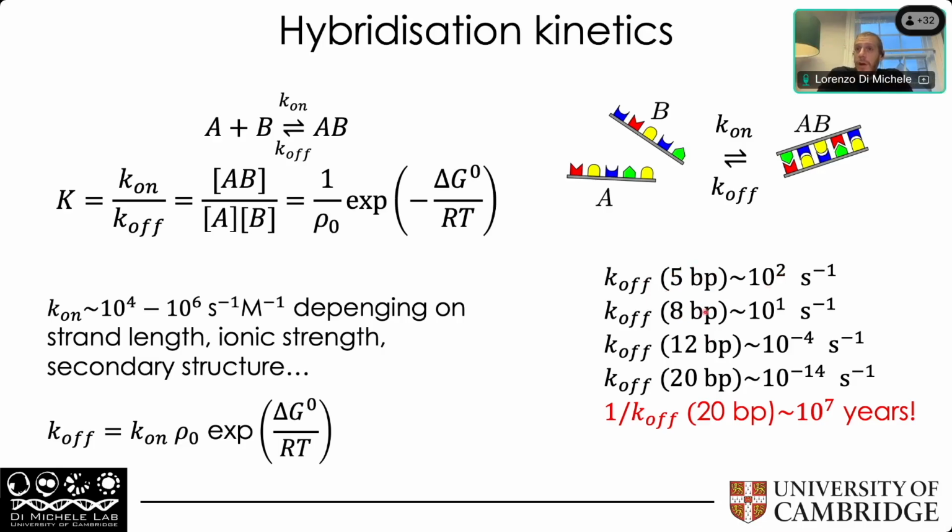If you have a slightly longer bit of DNA, so 8 nucleotides, then you get a lifetime of 0.1 seconds. If you have 12 nucleotides, then the lifetime becomes 10,000 seconds. If you have 20 nucleotides, which is fairly standard in these DNA materials, then your lifetime becomes 10 to the 7 years. So you have this very dramatic change in stability of these DNA interactions, depending on the length of the bits of DNA that bind to each other.